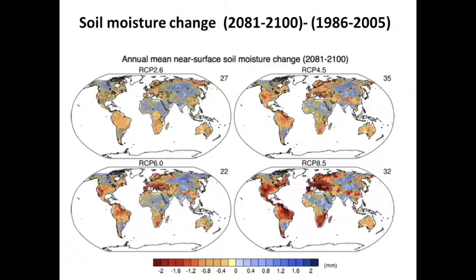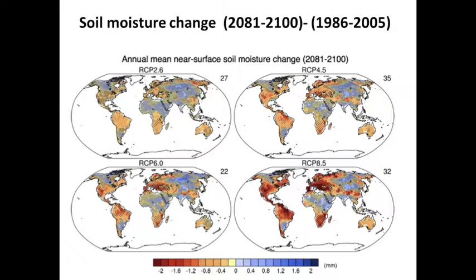Here 2.6, 4.5, 6, and 8.5. And you see in 8.5, many parts of North America and tropical South America, and also Europe and South Africa, there is a projection for a reduction of soil moisture.